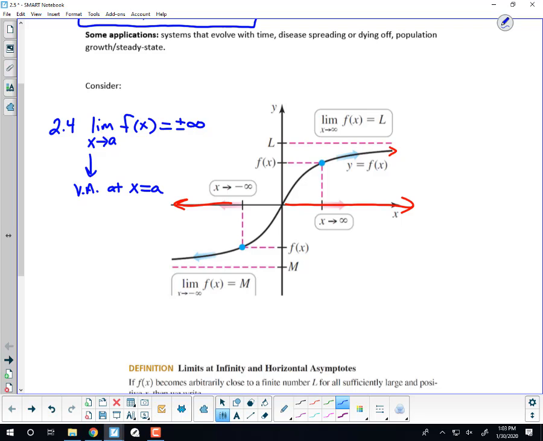And of course we looked at two-sided limits here. But in 2.5, we're computing the limit as x approaches infinity or negative infinity on a function. If it comes out to be a finite number, we'll call it L, then we have a horizontal asymptote at y equals L.